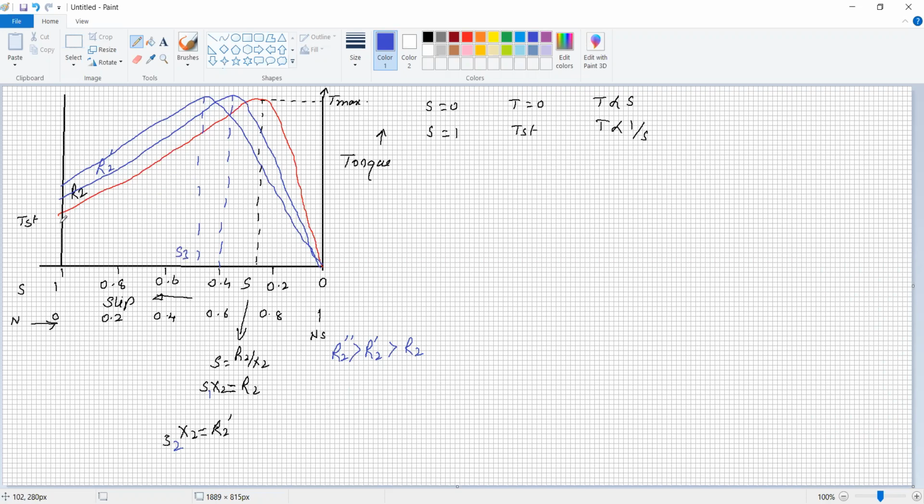And this is the starting torque, T start.